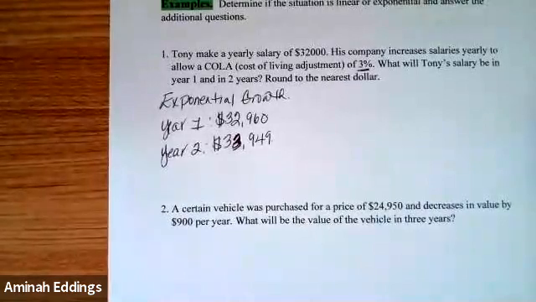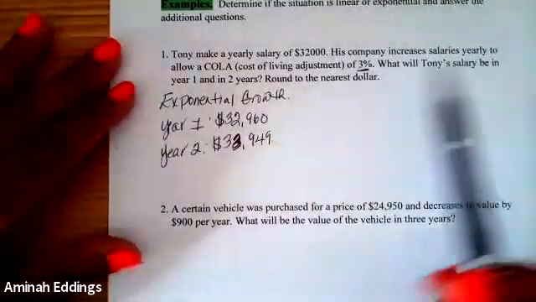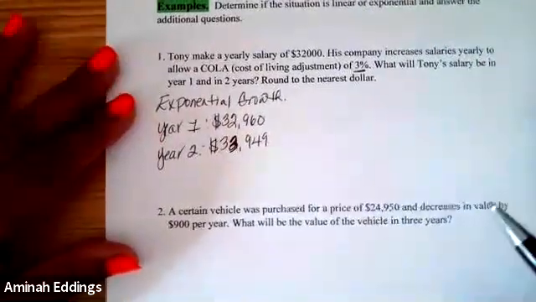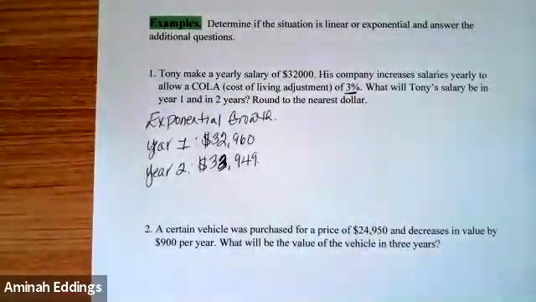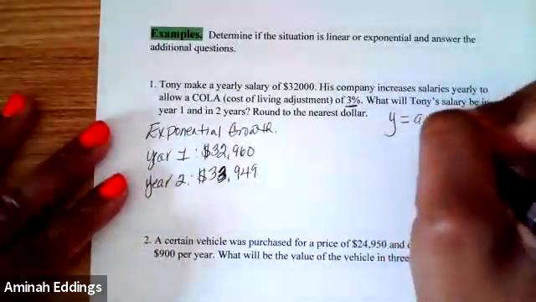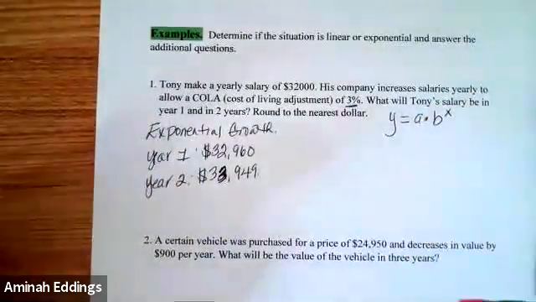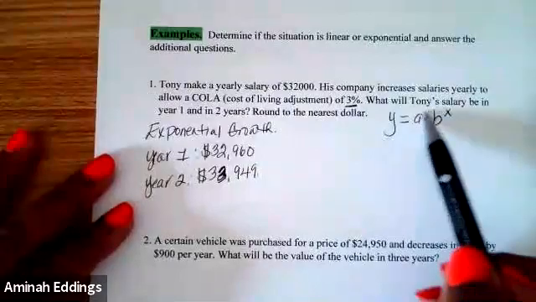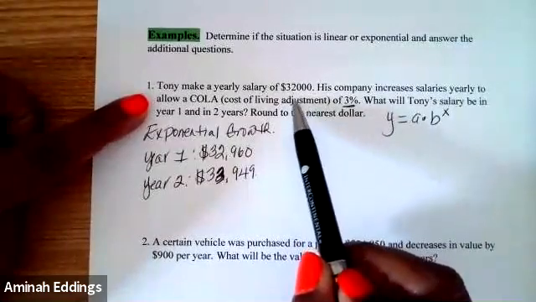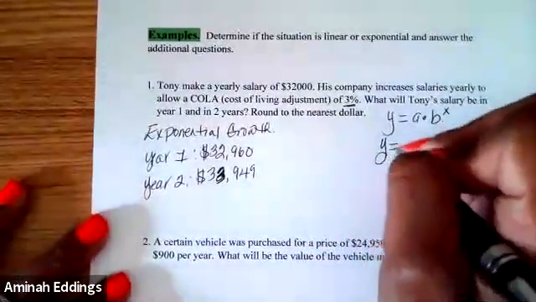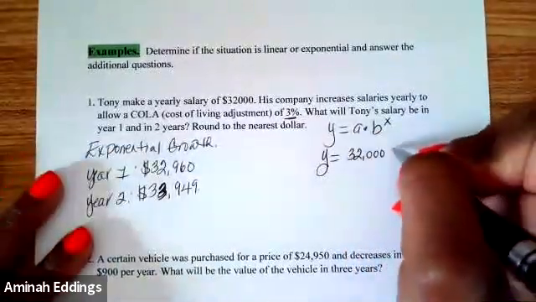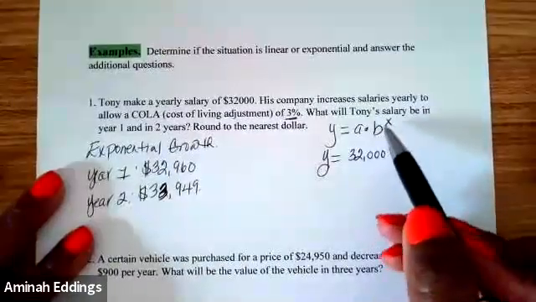All right, so let's talk about what the actual function would look like. So we know that it's going to be exponential. And so we would be looking at y is equal to a times b to the x power, okay? A represents our initial amount. So the yearly salary that he started off with was 32,000. So we would say y is equal to 32,000, okay, times b is our growth factor.